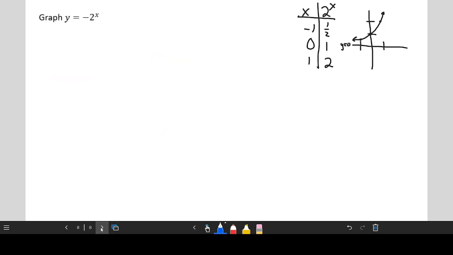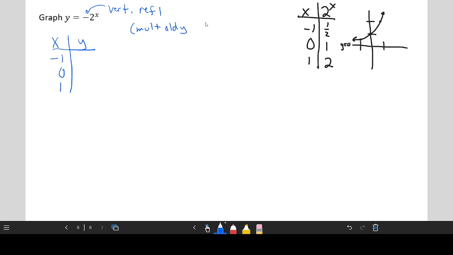So for example, if we want to graph y equals -2 to the x, this is a reflection, and it's a vertical reflection because it's not with x. The exponent is still just x, so nothing's changing horizontally. But all the old y values are getting multiplied by -1. So this is a vertical reflection.